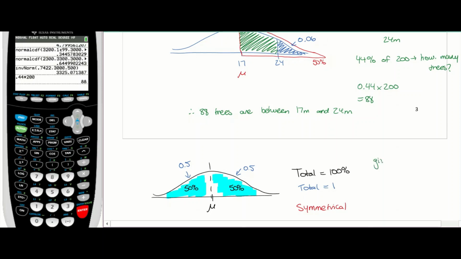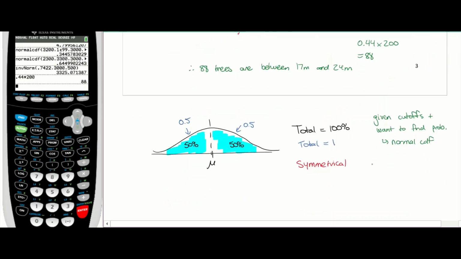If you're given cutoffs and want to find probability, then you use normal CDF. If you are given probability and want to find cutoff, then it is inverse normal.